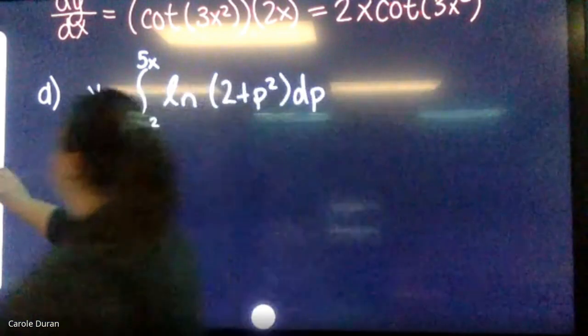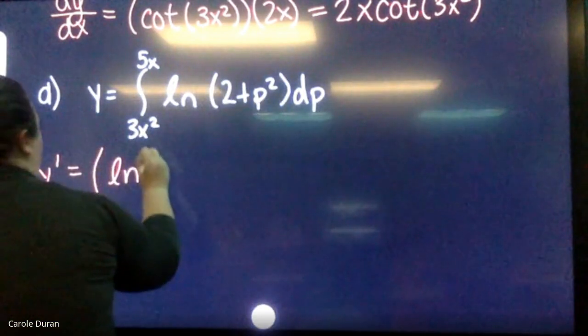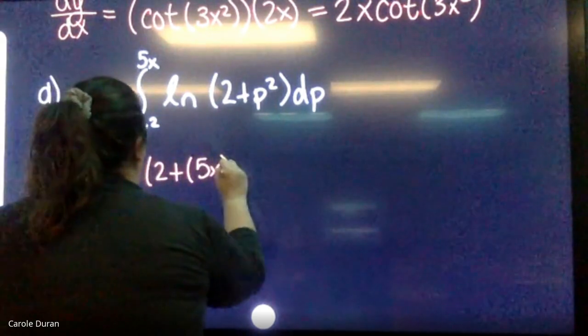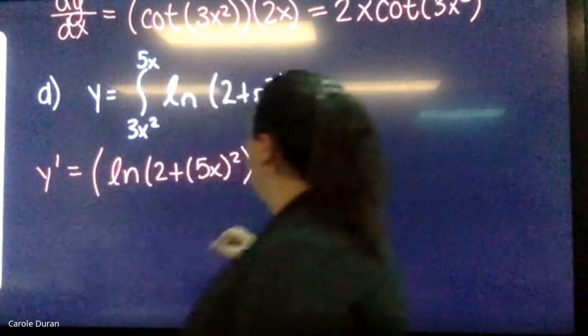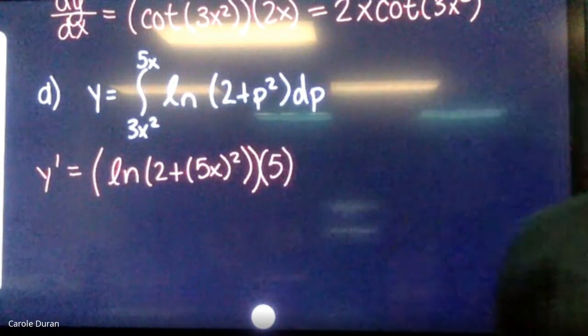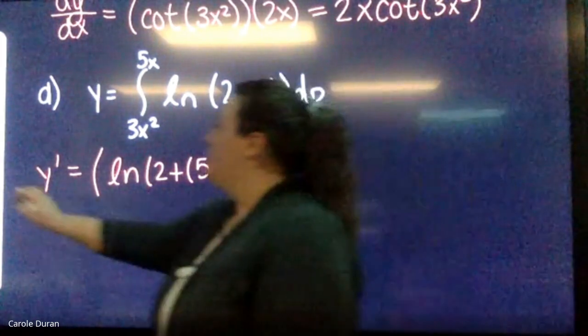So when I do that here, I'm going to have the natural log of 2 plus my top endpoint 5x squared times the derivative of 5x, which is 5. So I just plugged 5x in and multiplied by the derivative.